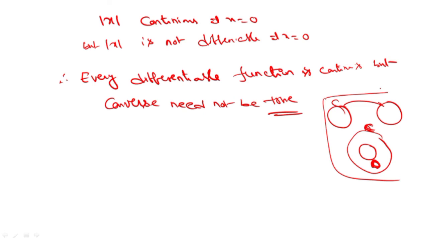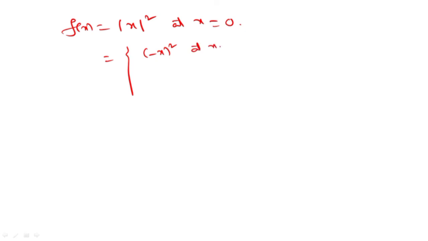So similarly, we can verify for f of x equal to mod x whole square at x equal to 0. So here I would like to write this: minus x whole square for x less than 0, 0 for x equal to 0, plus x whole square for x greater than 0.